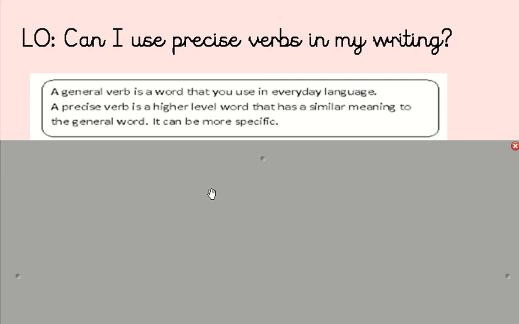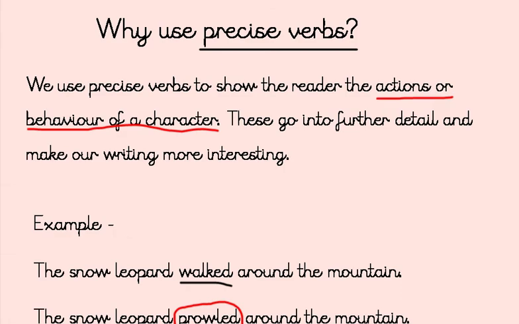A general verb is a word that you use in everyday language, and often we might use that with our friends. Whereas a precise verb is a higher level word that maybe has a similar meaning to the general word, but it's much more specific. Rather than walked, which could be many things, you can sprint, you could jog, you could jump.